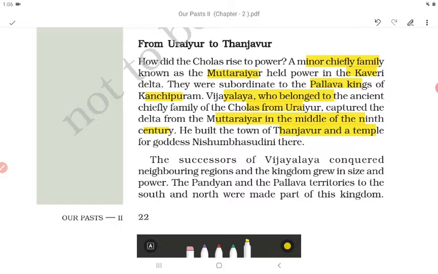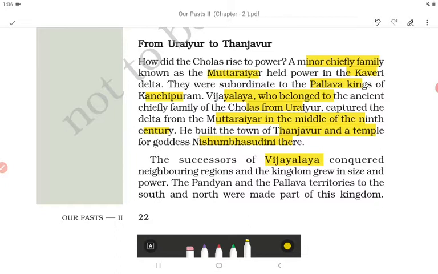He built the town of Thanjavur, and a temple for goddess Nishumbhashudini there.